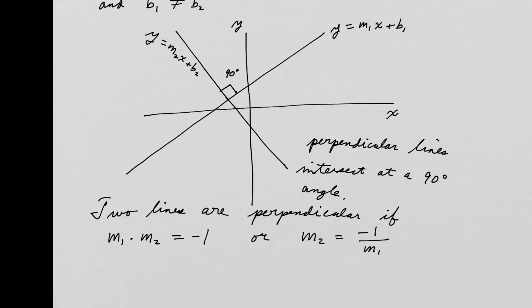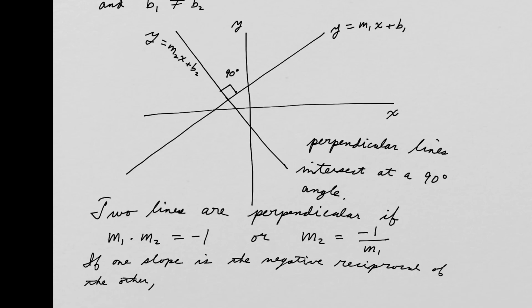Basically I just solved that equation for m2. Divide both sides by m1, and I get -1 over m1. In words, you could say if one slope is the negative reciprocal of the other, the lines are perpendicular.